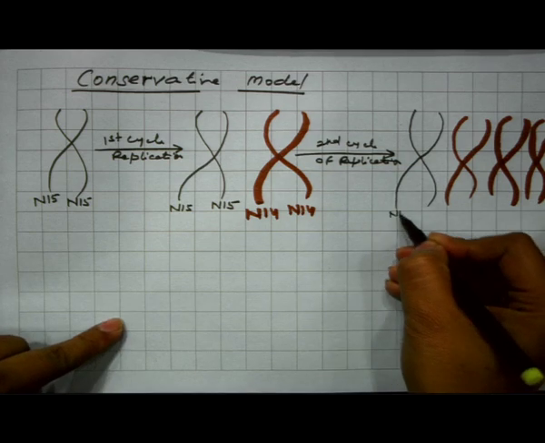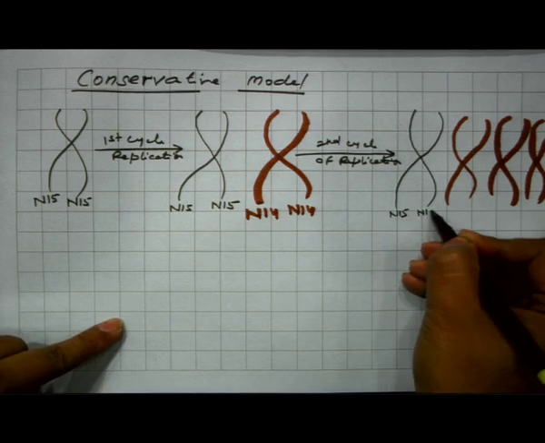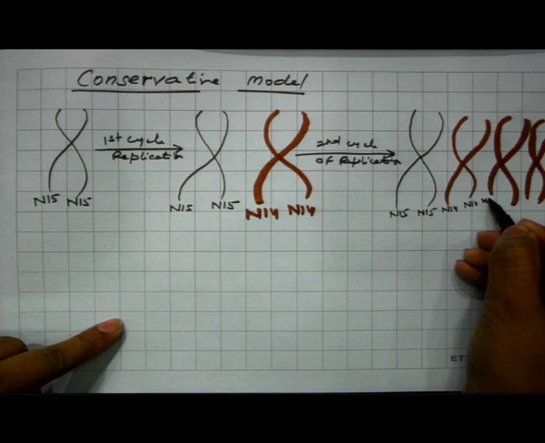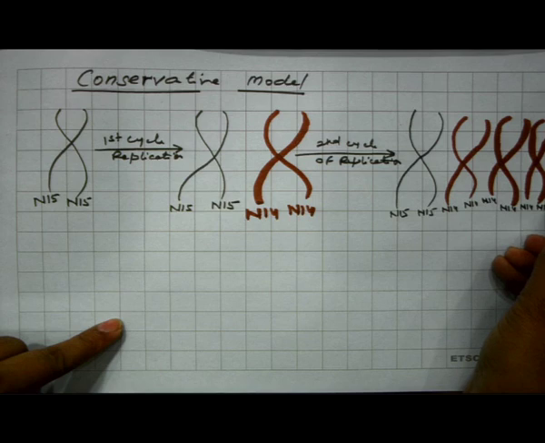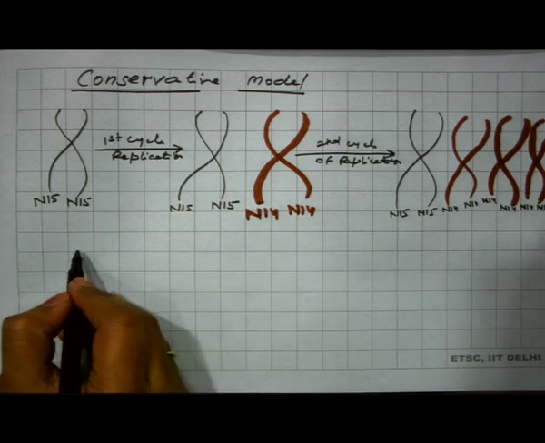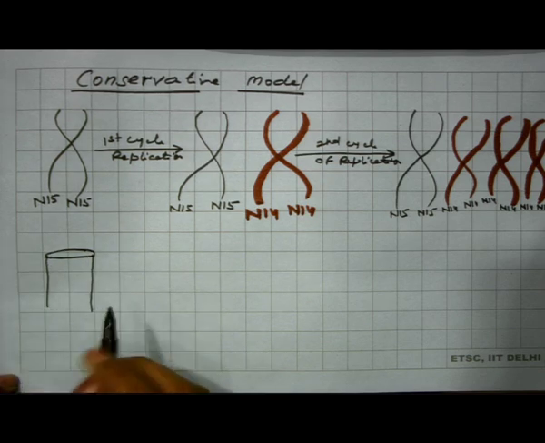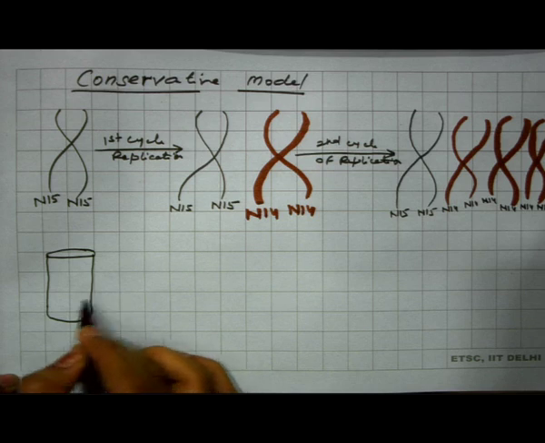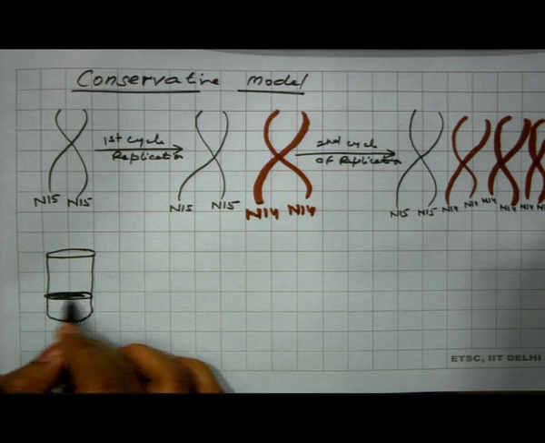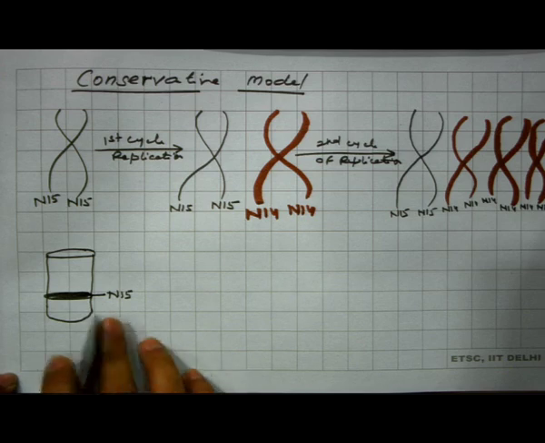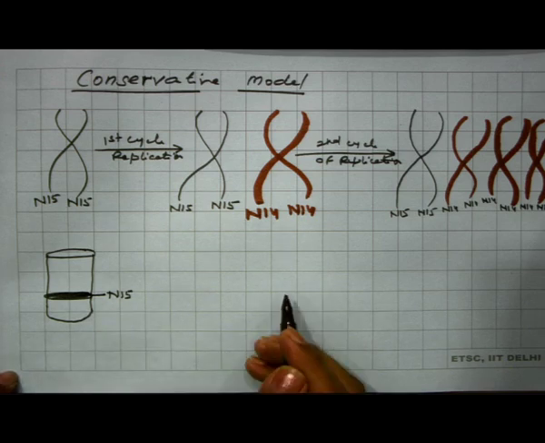One DNA will have N15 N15 and all the newly synthesized will be having N14 N14. And if we go for cesium chloride density gradient centrifugation, we will get one band of parental DNA as N15 on the lower side, because N15 is slightly denser than N14.